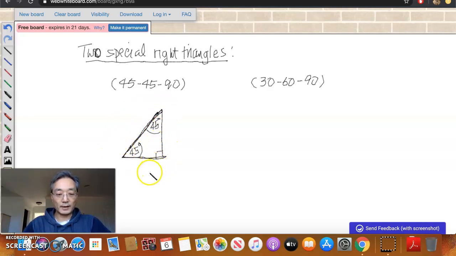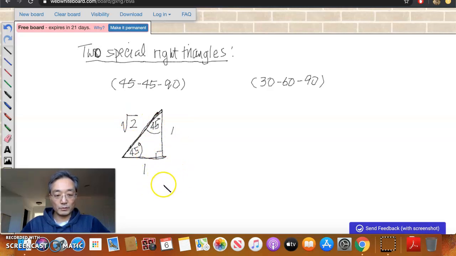Now, in this triangle, the side ratios go like this, all right? And there could be many of these ratios, but one of them, the most basic one, is this: 1, 1, square root of 2. Okay, so this is an example of a 45, 45, 90 right triangle, because remember, if you were to use the Pythagorean theorem here, it would be a squared plus b squared equals c squared, correct?